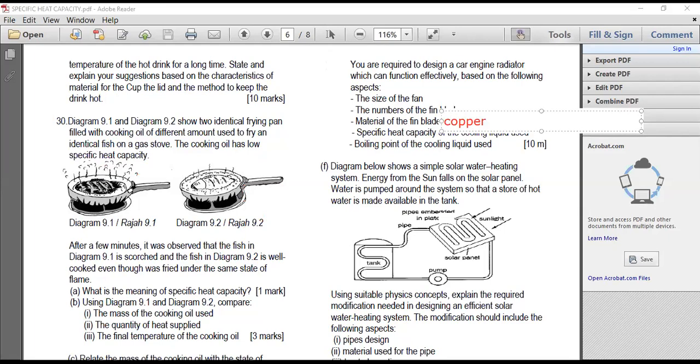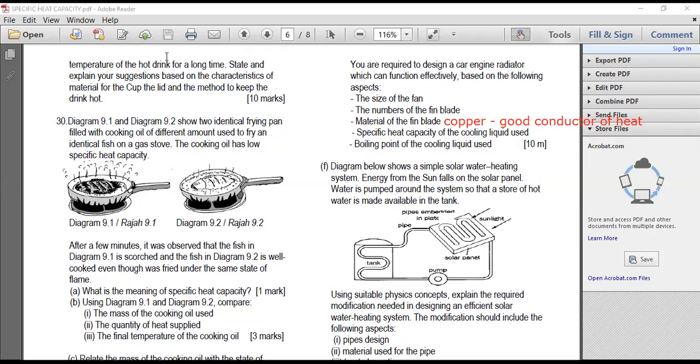It's copper because it's a good conductor of heat. If you put metal, metal is too general. Sometimes if you put iron, it's not suitable because iron will rust. So you can put copper, good conductor of heat.